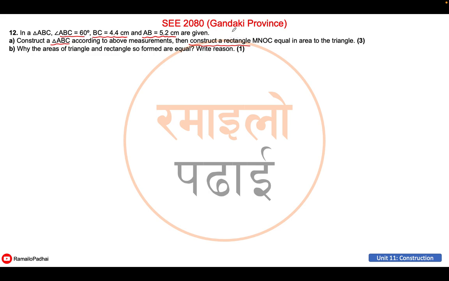Let me first make one concept clear: the difference between a parallelogram and a rectangle is only one, that is the angle. Here the opposite angles in a parallelogram are equal, and they can be any angle from more than 0 degrees to less than 180 degrees. However, in a rectangle opposite angles are equal, but they are always 90 degrees. So a rectangle is one special case of a parallelogram.